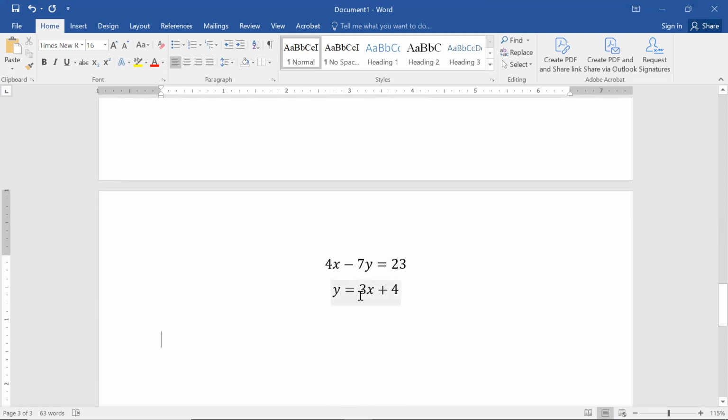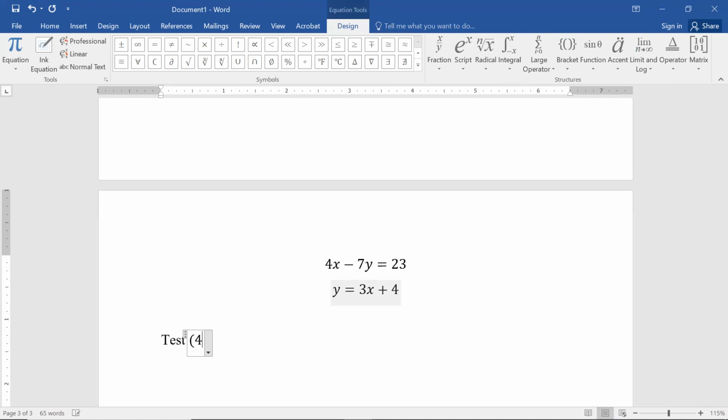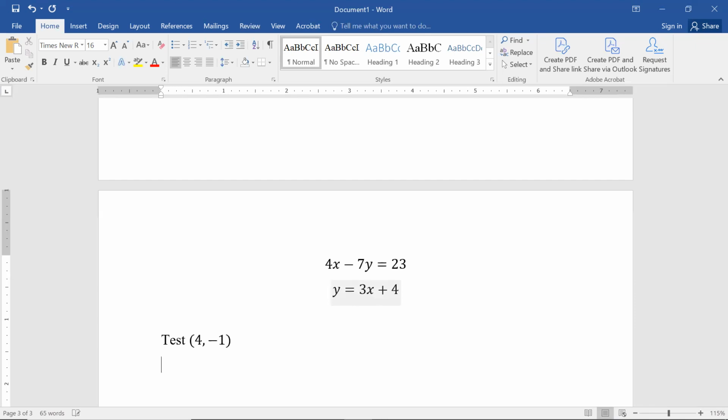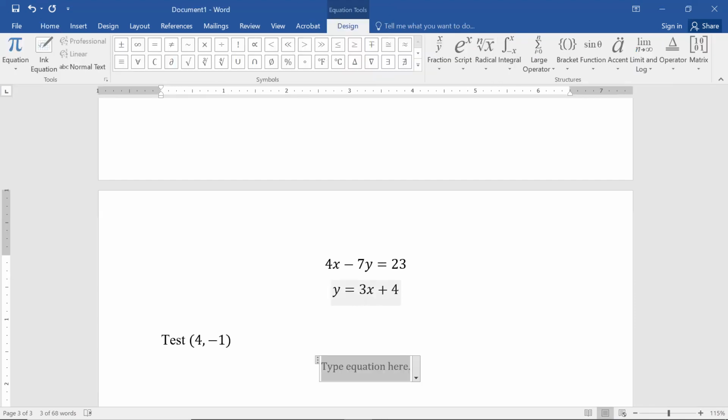So for instance, let's test the point that was given to me on the slide, which was 4, negative 1. I plug it in to my first equation, 4x minus 7y equals 23. I replace the x with the number 4, replace the y with the number negative 1, simplify, and I get 23 equals 23.